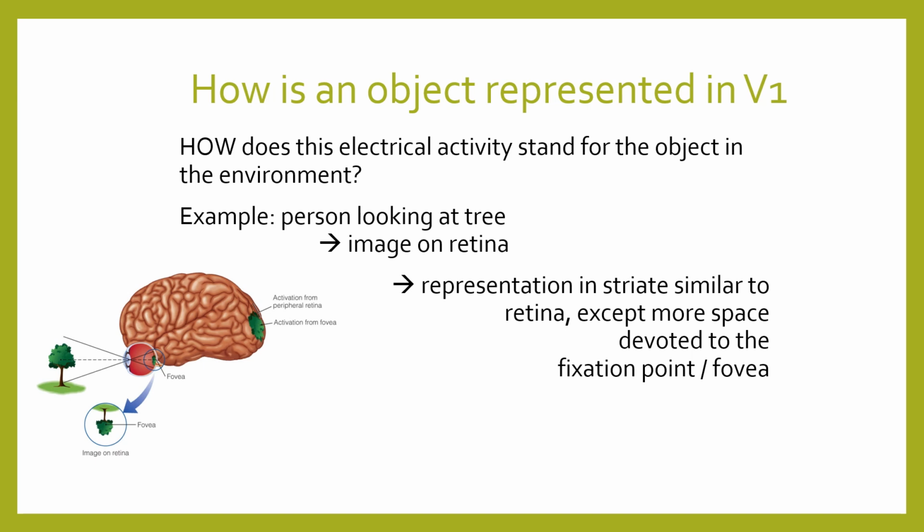We might start asking the question: how does this electrical activity really stand for the object in the environment? So this is the first place where we're going to really talk about this mind-body problem, which at this point seems like a problem, right? Because everything's pulled apart into these locations and these features.